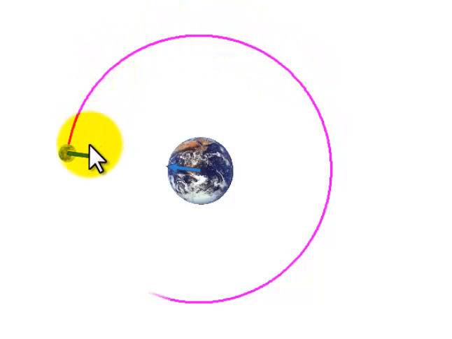It is a circular path. This blue arrow shows the force of attraction on the moon by the Earth. It is this force which makes the moon travel in a circular path around the Earth.